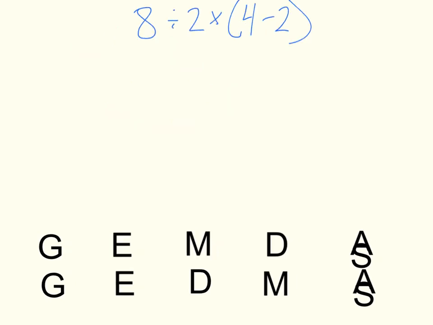The next one we're going to look at is 8 divided by 2 times parentheses 4 minus 2. So think to yourself, where are we going to be starting this problem? Again, if you want to quiz yourself, solve a piece, play the video, solve a piece, play the video, so you can check your work according to my work, that would be a great idea. So the first thing we're going to look for are groupings. And we do have groupings. They are parentheses. So I'm going to solve 4 minus 2 first, which I get 2.